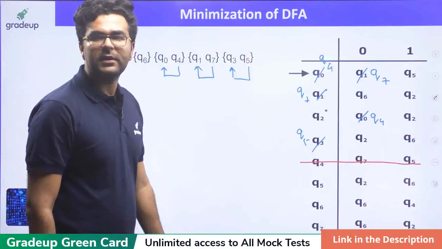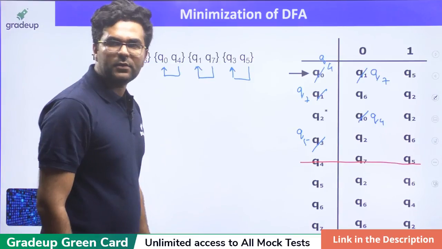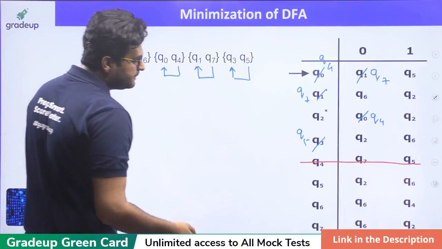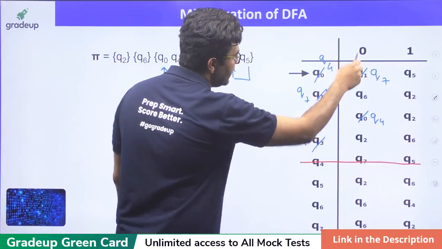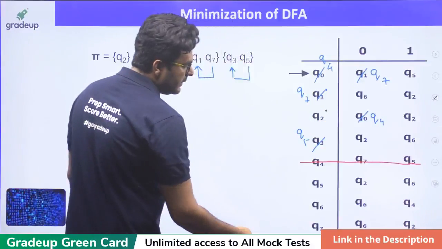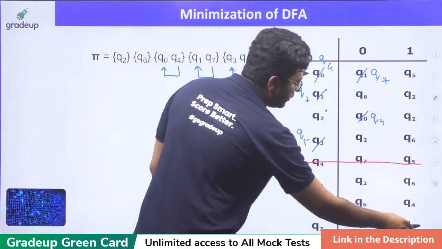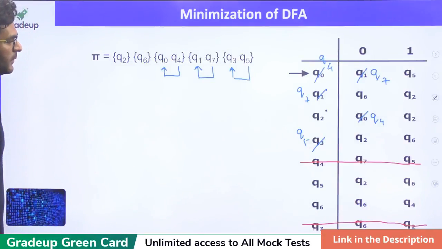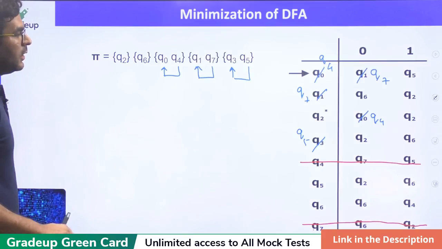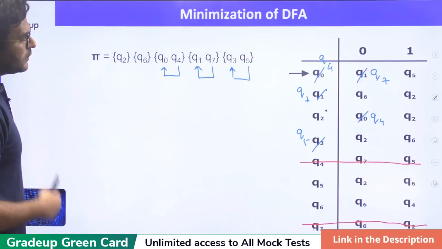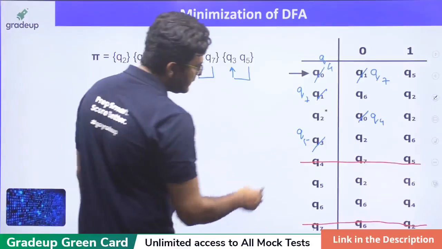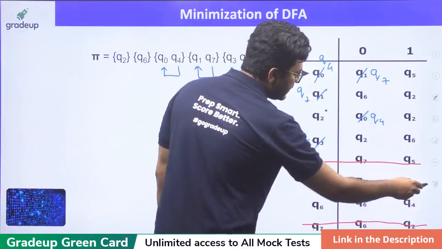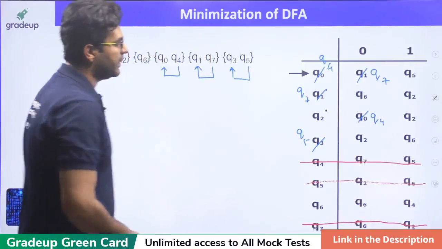On analyzing the same strings, we are going to the same state. Next, Q7 is coming with 6 and 2. So it's again a repeated state, so we can remove it from here. And the next, Q5 is coming with 2 and 6. So that can also be removed from here.